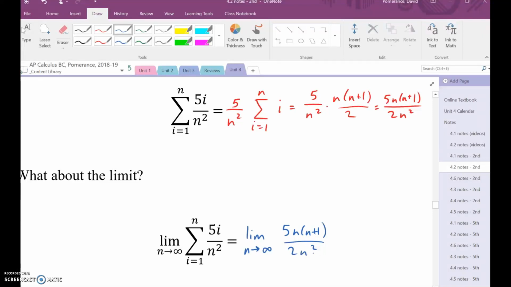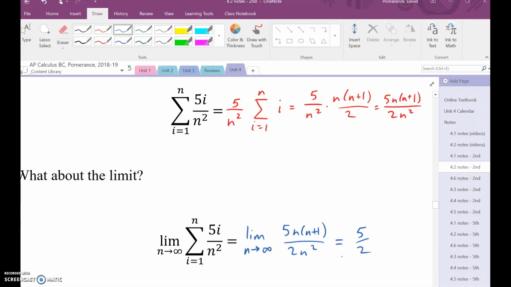So as n gets very, very big, what happens to this thing? Well, this is a horizontal asymptote question, or an end behavior question. In the top, we've got a 5n squared. On the bottom, we've got a 2n squared. Those are the most significant terms in the top and the bottom, so we'll just go ahead and consider those. And the n squareds cancel out. We just look at the coefficients, and we get 5 halves. So 5 halves would be the limit of the sum.